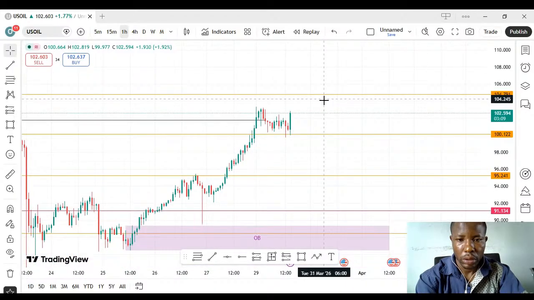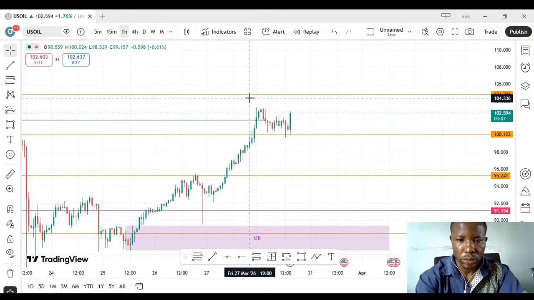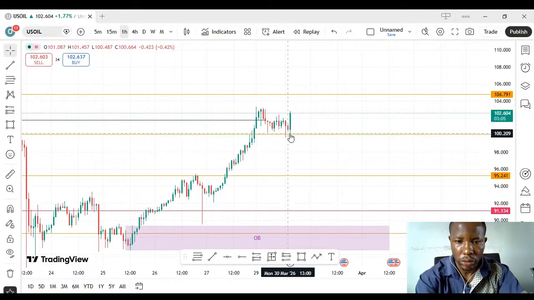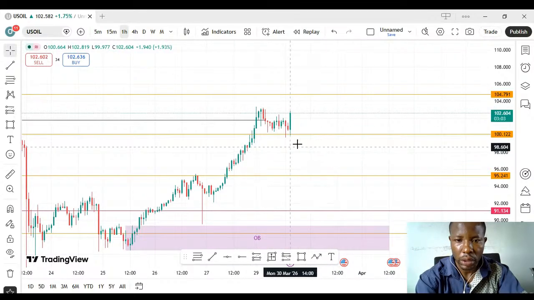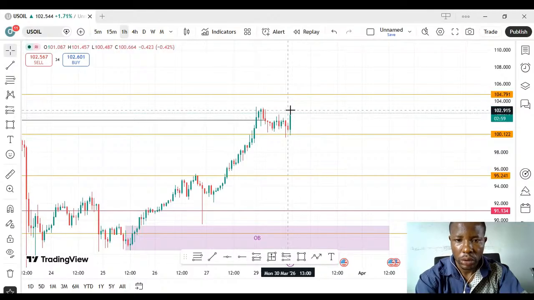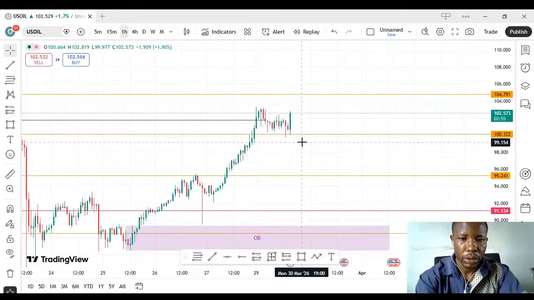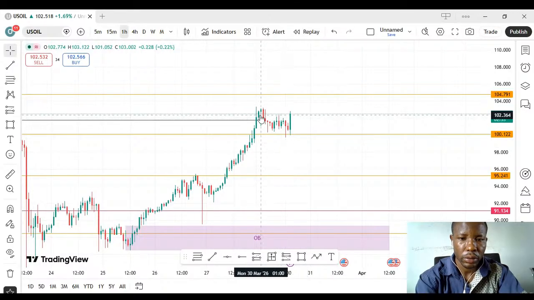From my side, for some entries, when I see a push back into these daily targets and I see confirmations like this with the engulfing candle, I usually pick my trades like this as well, especially from 1 hour, because if you go to June, you see there is a break of structure here.